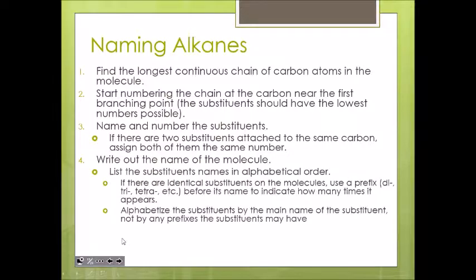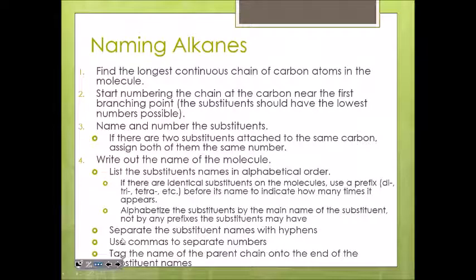After we've done all this, we will list the substituents in alphabetical order. For the ones that are identical substituents, we will use prefixes, although this is redundant in my opinion, but that's how the IUPAC naming system does it. And we will alphabetize them. Last but not least, we will use the correct punctuation.